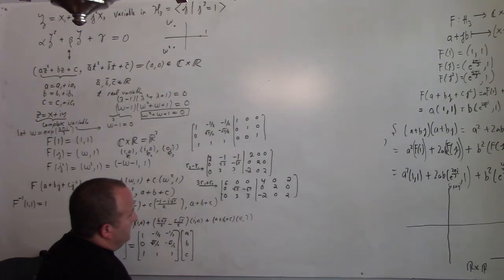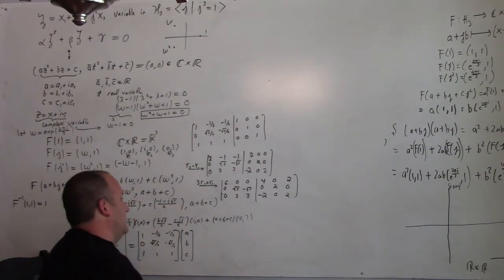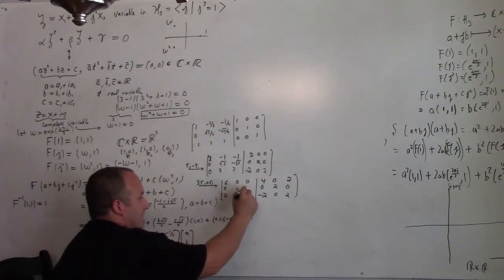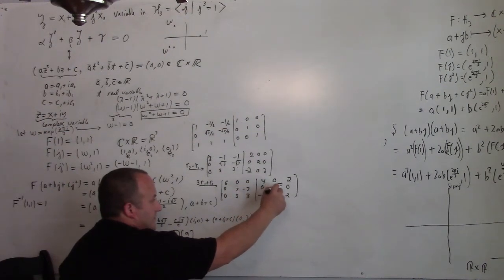Now, multiply by root 3. Yeah, I like that. So that's root 3 minus 3, and you get the 2 root 3, 2 through here.